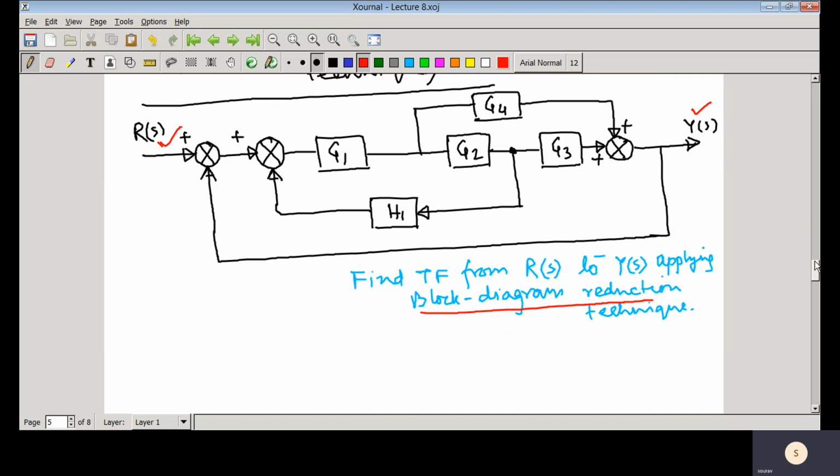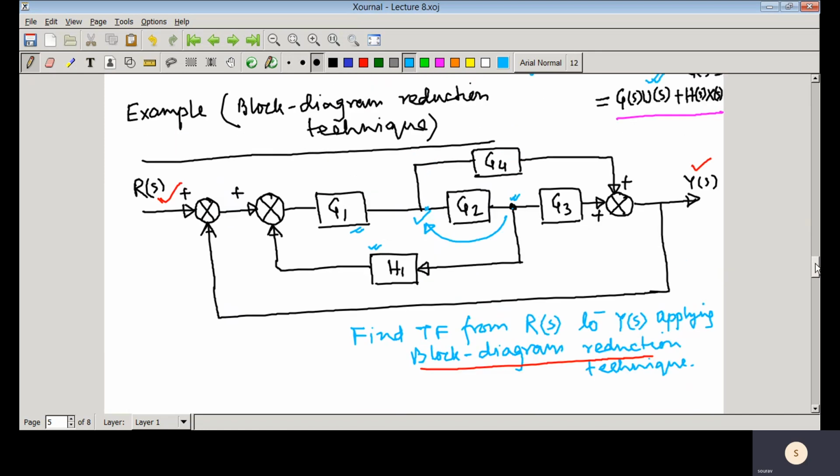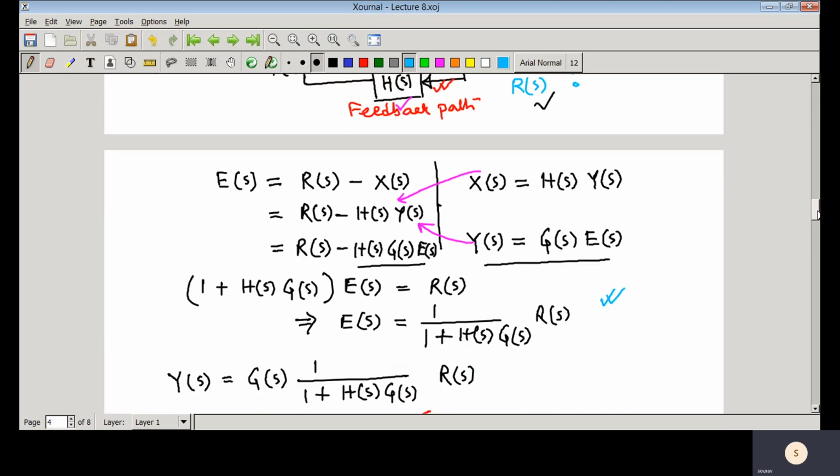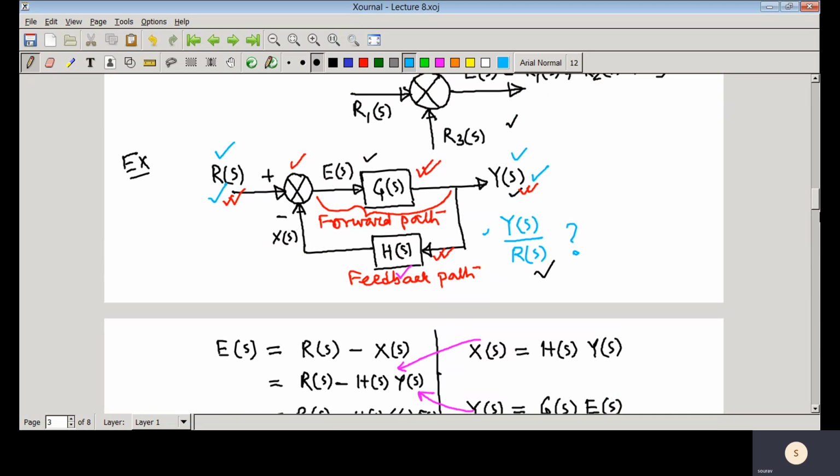First look at this particular point here. If we can change this branching point from this point to this point, then we'll have one forward path. This is the forward path, and H1 will come into the feedback path. Then we can directly apply the transfer function because it will come into this particular structure.